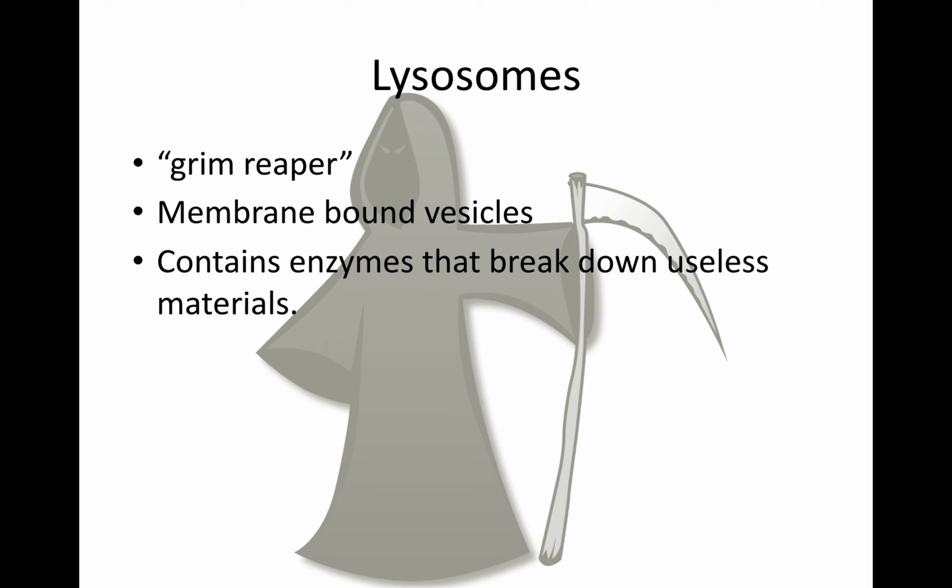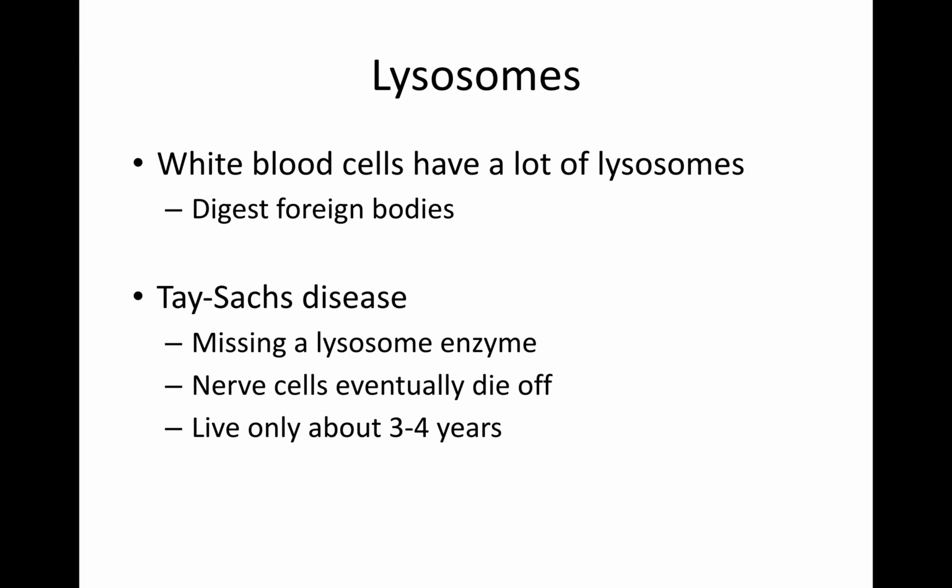So essentially, they, in quotes, kill things in the cell. But the participants are willing, because cells are there for the organism that they're living for. So, of course, white blood cells have a lot of lysosomes because they digest foreign bodies.